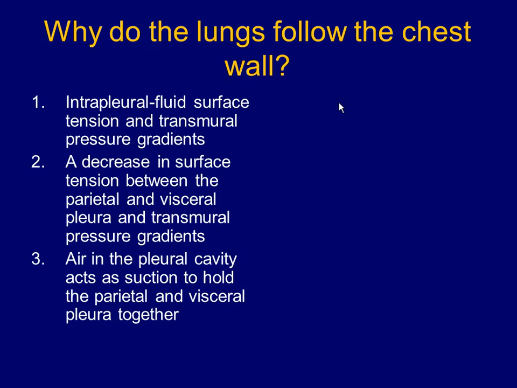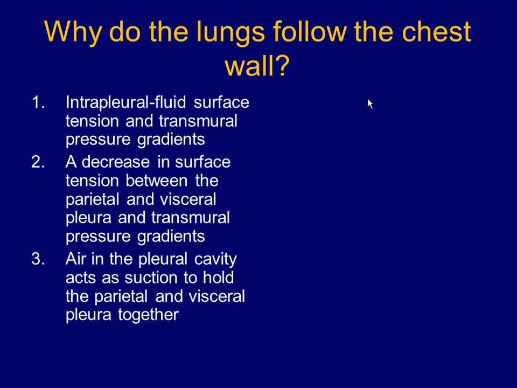Okay, which one? What about number one? Intrapleural fluid tension and the transmural pressure gradients. A lot of people that agree with that. How about number two? A decrease in surface tension between the parietal and visceral pleura and transmural gradients.